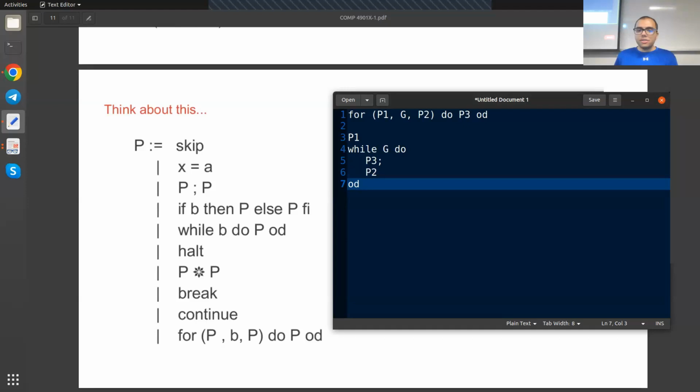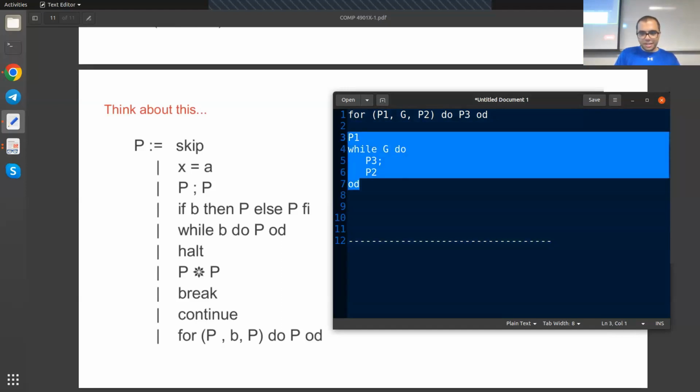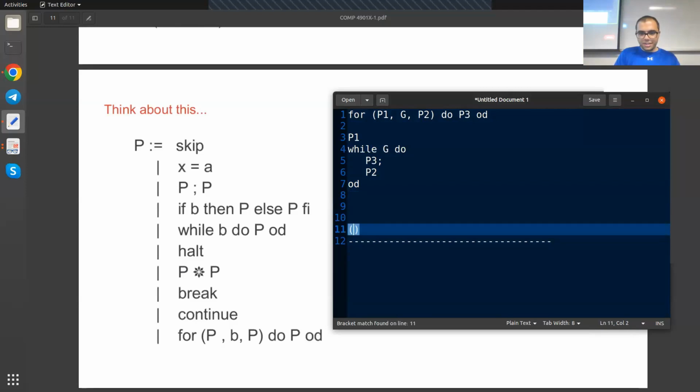I can say that if in one step of execution goes to some state, then this program from the same state in one step of execution goes to the same state. So I can just have one rule. Let me actually write this rule. And my rule is this. Let me take this one. Let me flatten it.